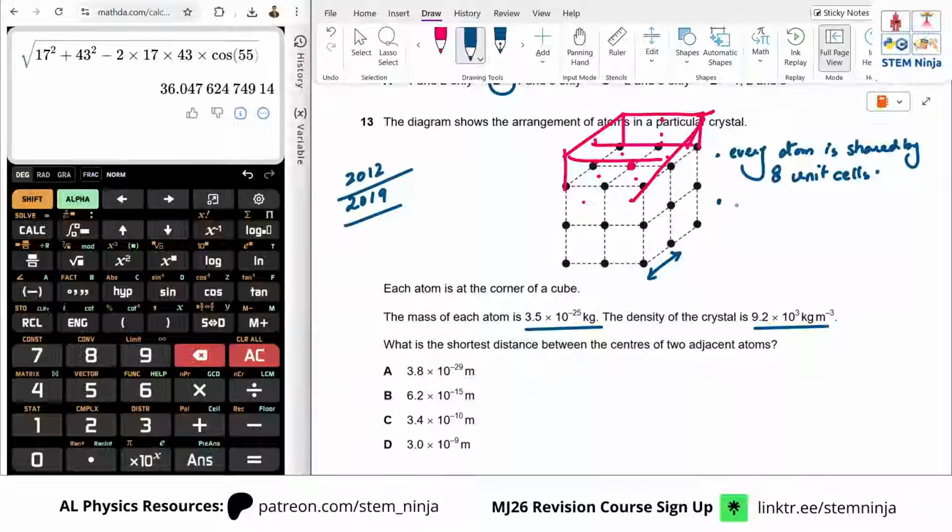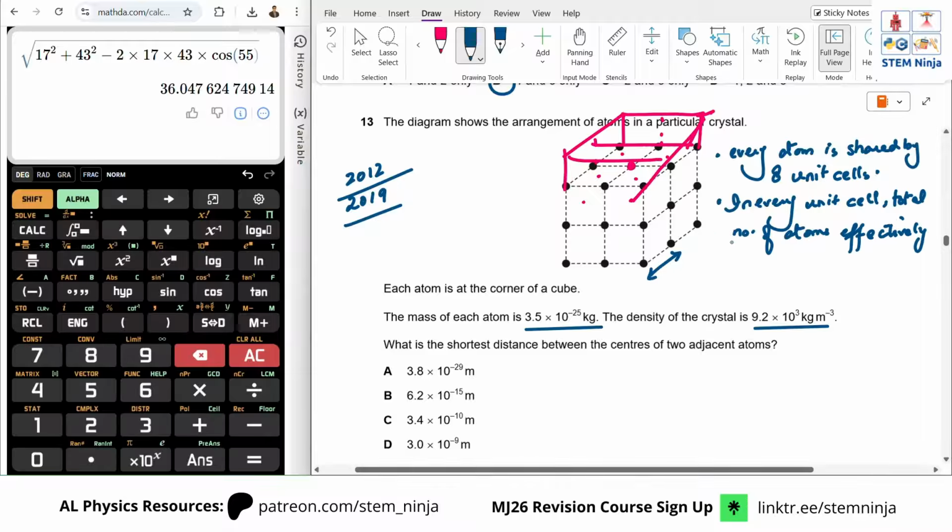That means in every unit cell, the total number of atoms effectively, the effective mass that we are actually counting, is 8 corners of the cube, 8 corners times 1/8, since it is shared by 8, so 1/8 of an atom from every corner.